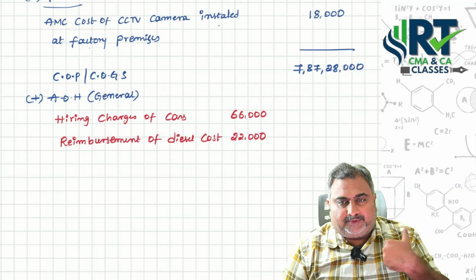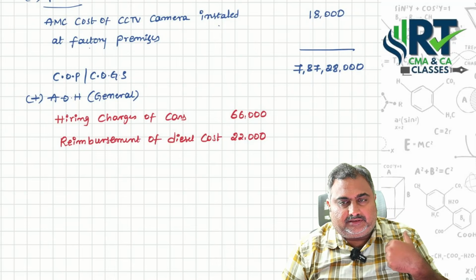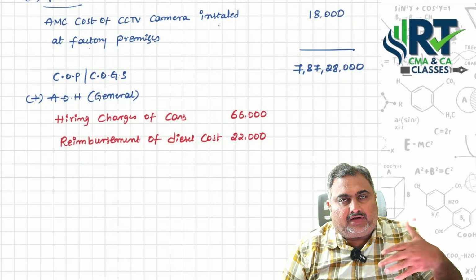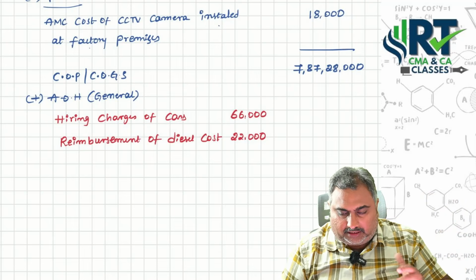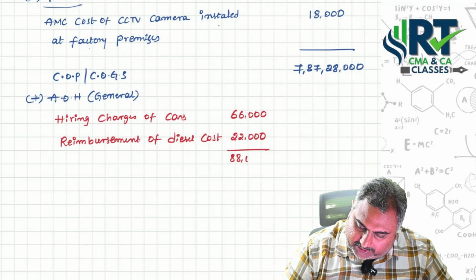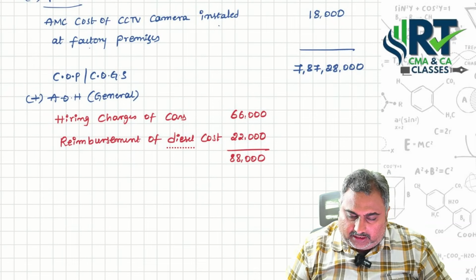That is income from their point of view, but for us that is an expense because I am doing reimbursement. Somebody spent the amount, and I am giving it back. That is the point. So after all these, in total we incurred 88,000. On that, how much GST on RCM basis?